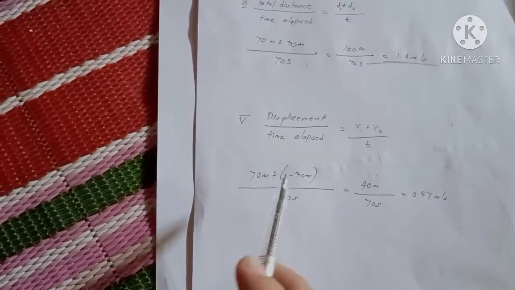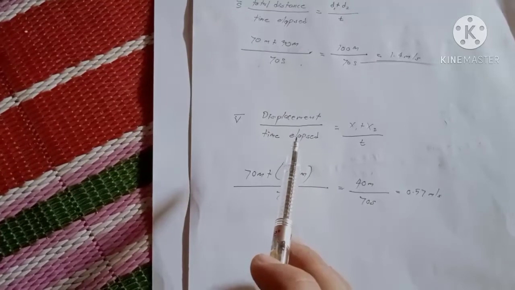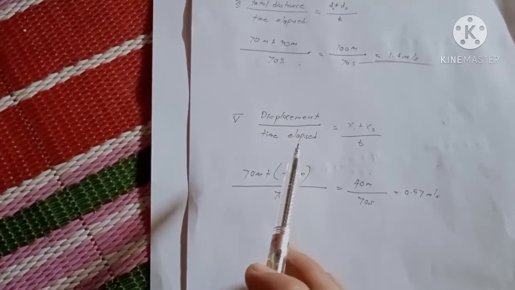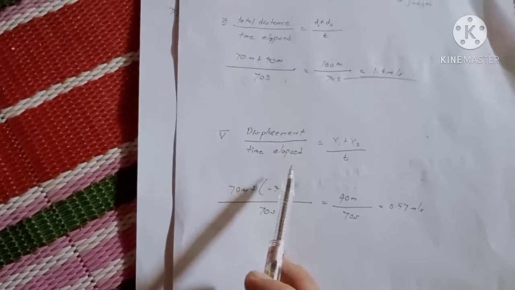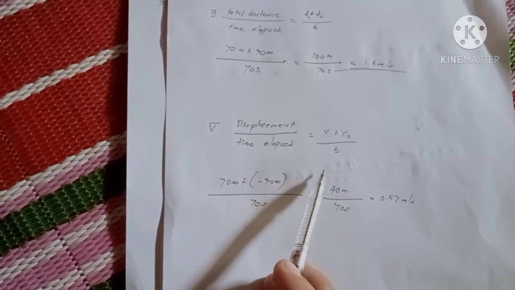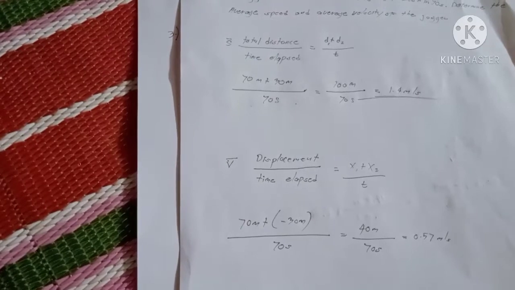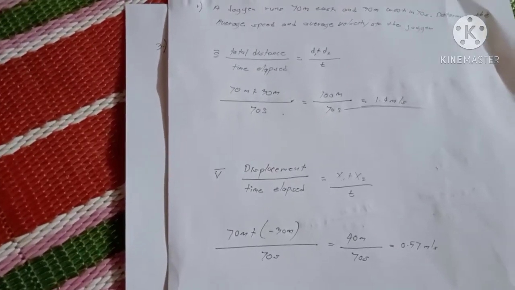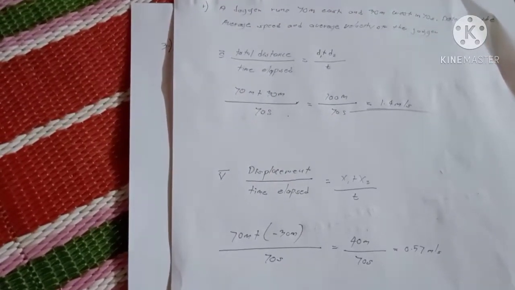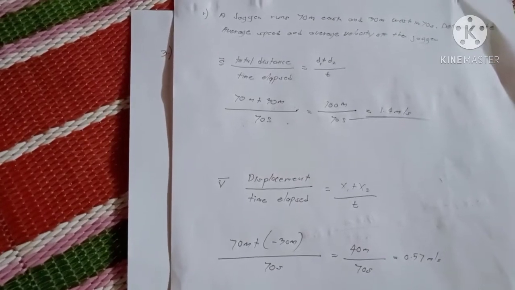And then we proceed to the average velocity, and this is the formula of the average velocity: displacement over time elapsed. Displacement means the moving of something from its place or position.